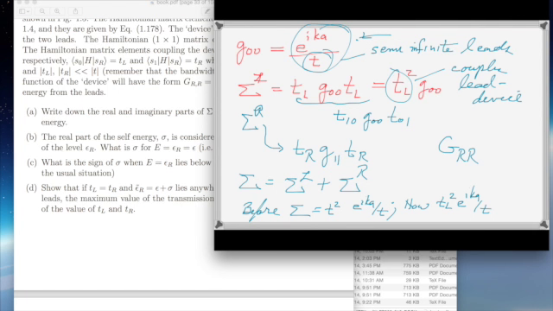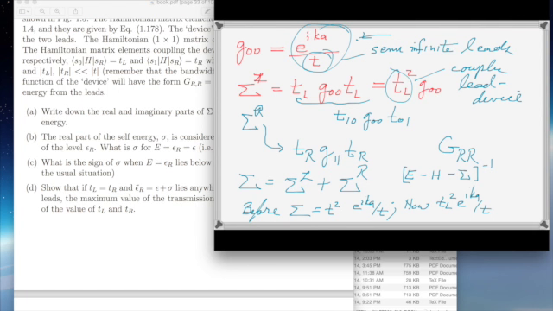One good way that I remember to check my signs, sort of like checking units, is the form of your Green function, E minus H minus sigma.